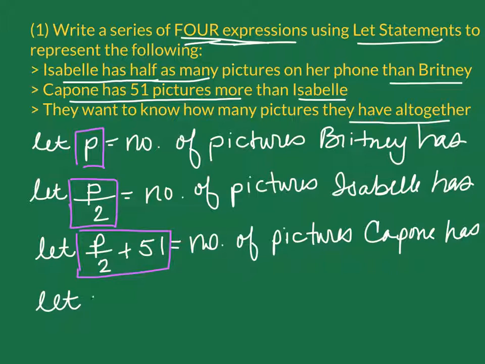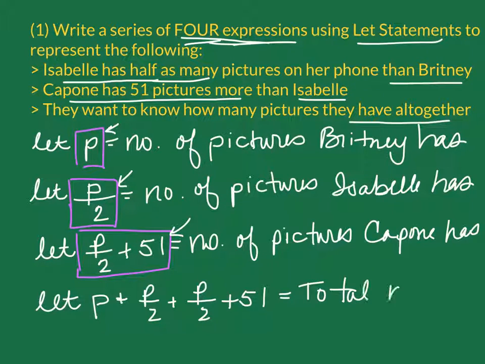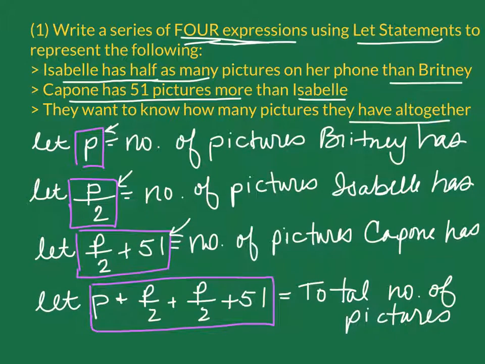So that means I'm going to have let P, that's for Brittany, plus P divided by 2, that's how many Isabel has, plus P divided by 2 plus 51, that's how many Capone has. So you need all of those parts to show the total number of pictures. Okay, so we're in good shape. We have all 4 of our expressions written. We wrote each one of them using a let statement describing what the expression stands for.